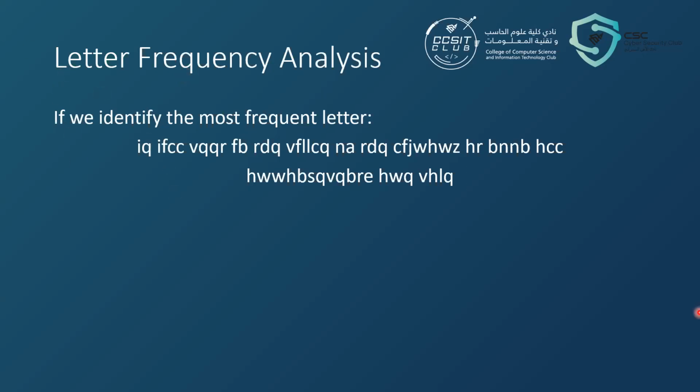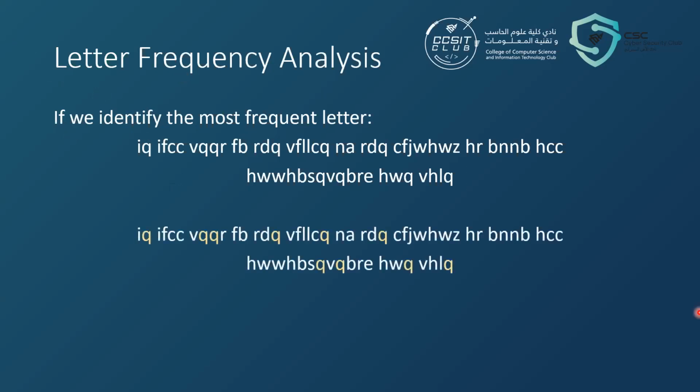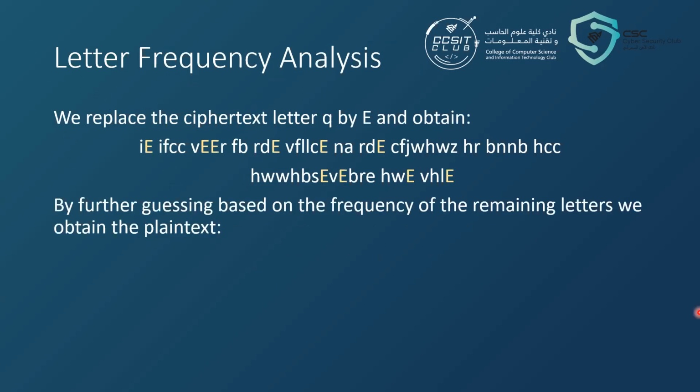Yes, it's the letter Q. It appears 10 times in this text. Okay, and since we know E is the most occurring letter in any English text, we can now replace every Q with an E. And then, for example, if you see this, can you guess what this word is?